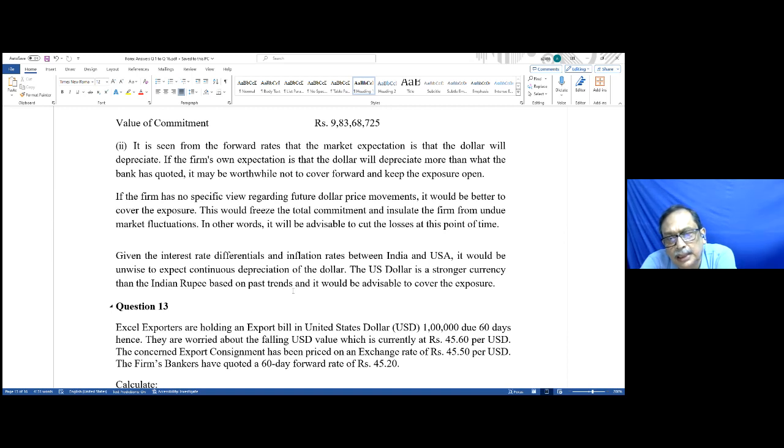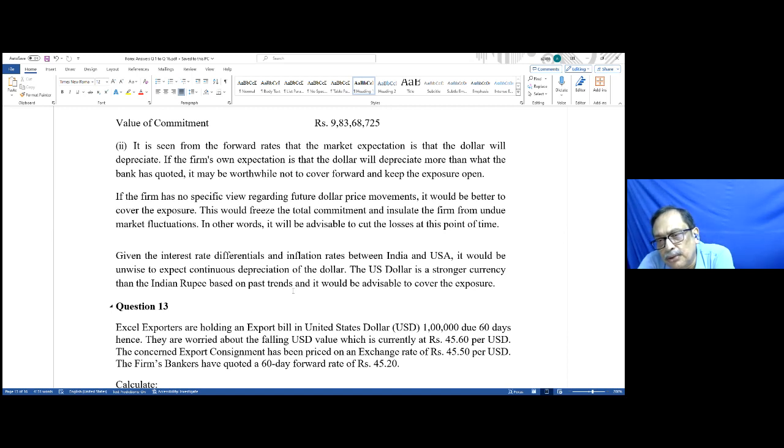Given the interest rate differentials and inflation rates between India and USA, it would be unwise to expect continuous depreciation of the dollar.